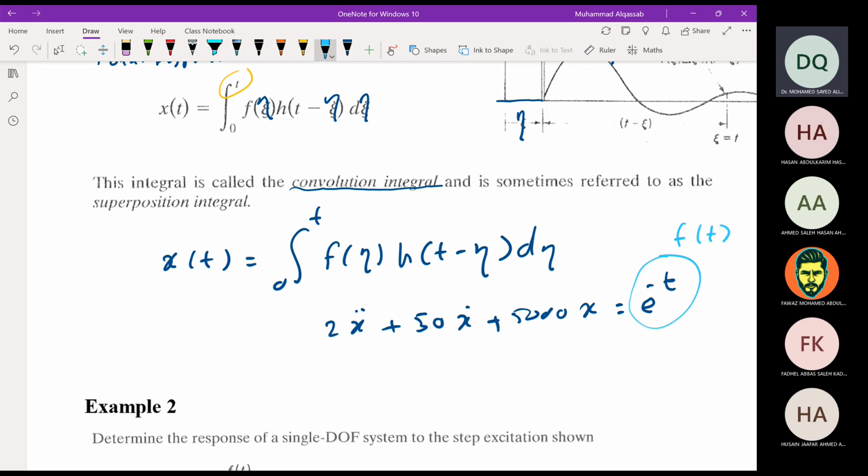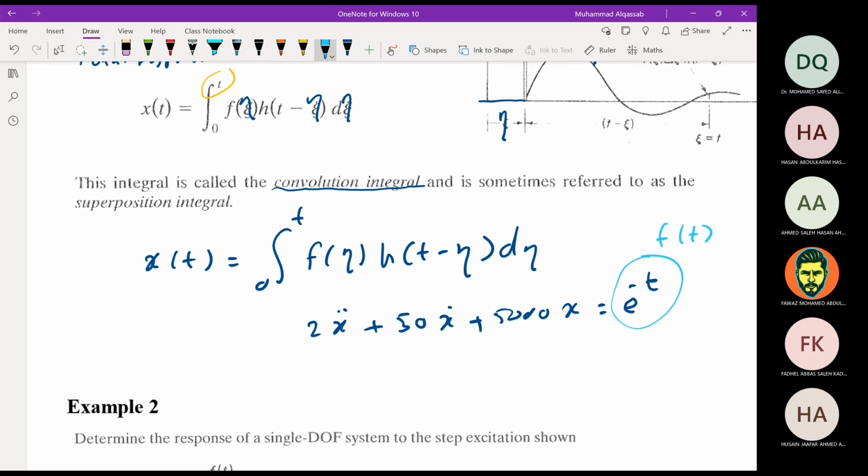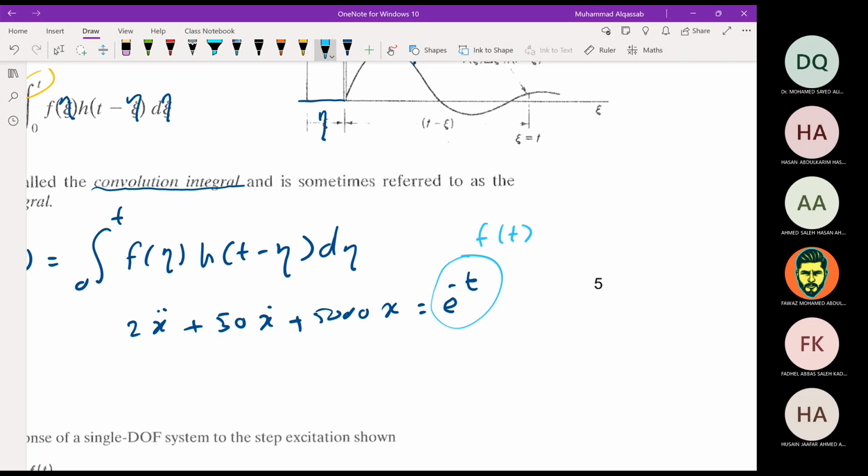But when you substitute in the integral, you will put integration from 0 to t, and f of eta is e to power minus eta. So you replace t in the convolution integral with eta. So it is e to power minus eta.